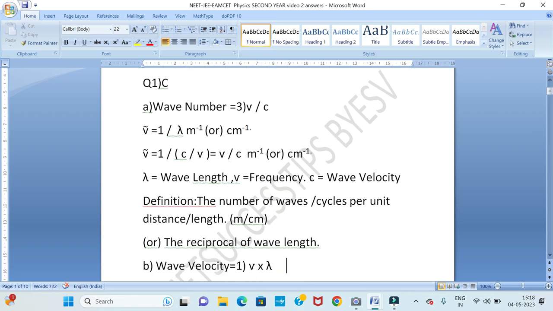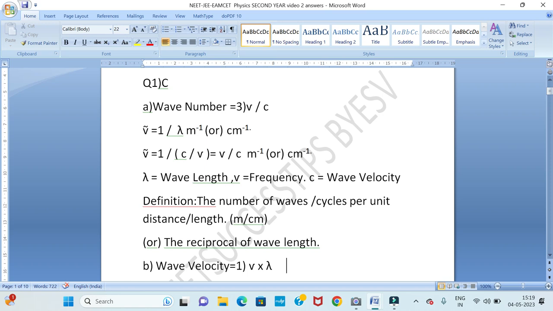Wave number. So 1 is 3, V by C. What is the definition? The number of waves or cycles per unit distance or length.